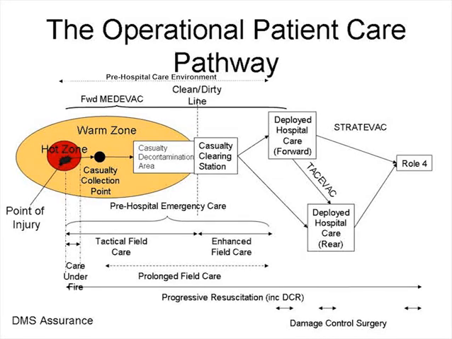Deployed hospital care may be organised into echelons of care, illustrated schematically as forward and rear. The pre-hospital care environment encompasses all aspects of health service support forward of deployed hospital care.